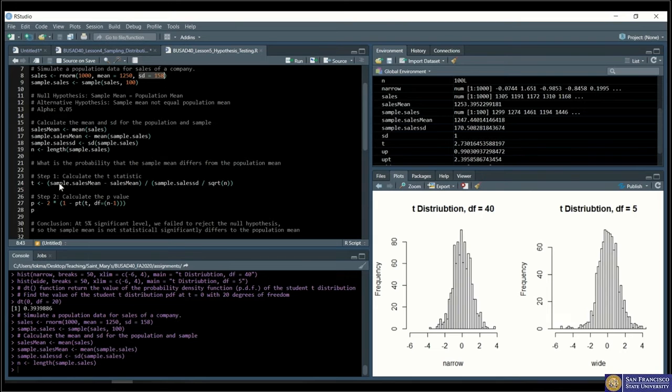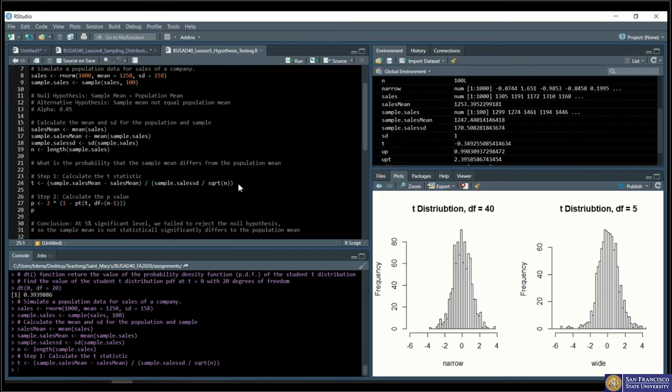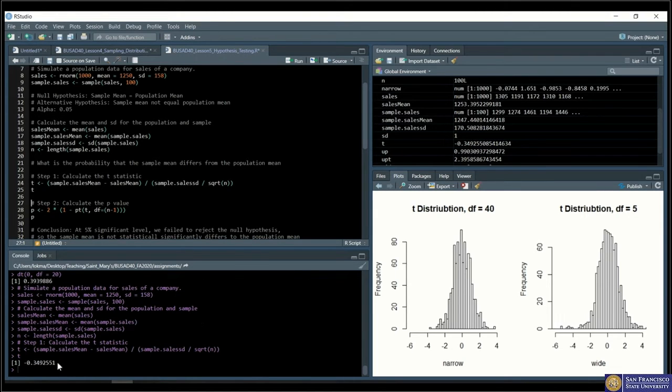So we're going to use the sample sales mean minus the population sales mean, divided by the sample sales SD, the standard deviation, divided by the square root of the number of observations, n. I calculate this, and I'll get the t-value here, which I can print out. So the location here is negative 0.3492.